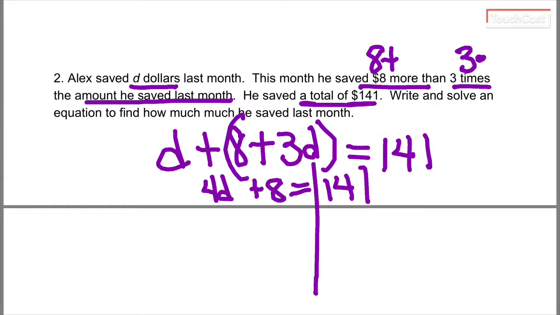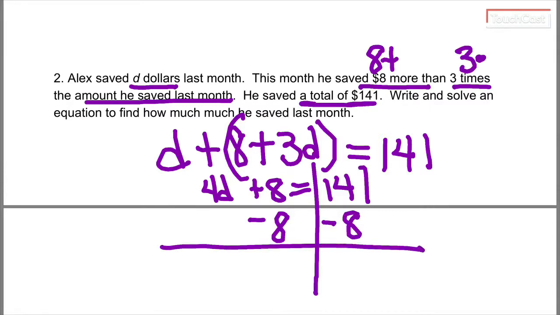Using our river, let's solve it. Take off the bow like we learned last year with 2-step equations. Bow comes off before the wrapping paper. 141 minus 8 is 133. 4D equals 133. Let's go ahead and get your calculator out to do your division.